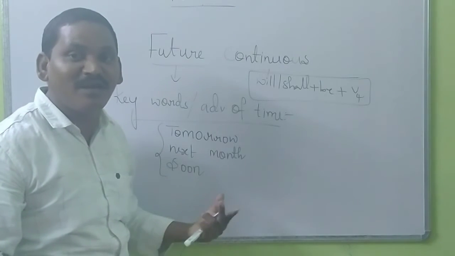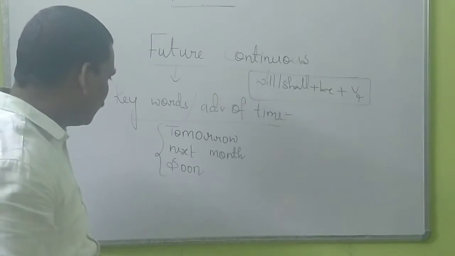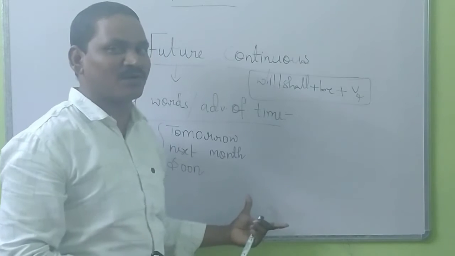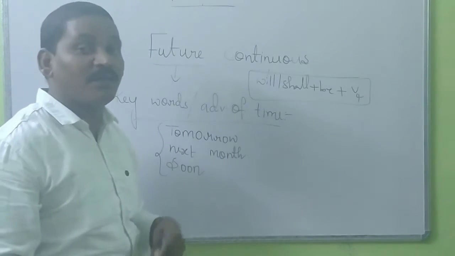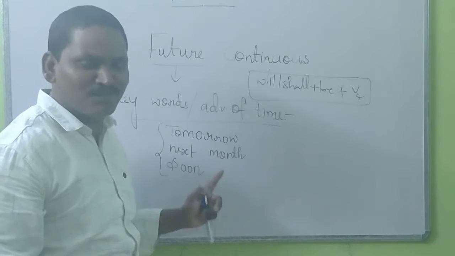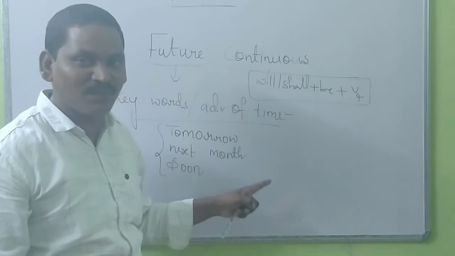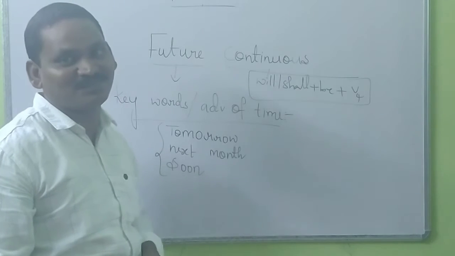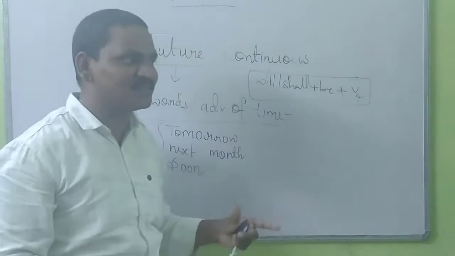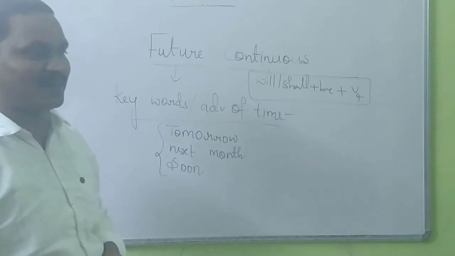Simple future indicators will be repeated. Most probably they won't be asked in the future continuous tense. If they are asked, either simple future tense or future continuous tense will be given in the MCQs, because if both were given, both would be right answers. That's why they may not be given like that.